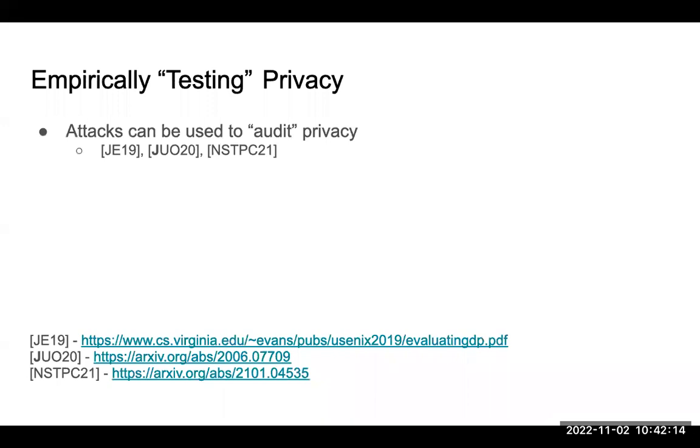And this is a thing you can do, but if you're in the room and you're maybe a cryptographer, this should scare you, right? Because essentially what we're saying is, I'm going to give you some results of an attack, and I'm saying I can't break my thing, that means it's private, right? And in cryptography, we all know that if someone comes up to you and says, "Look, I tried really hard, I came up with this cool new crypto system, I tried really hard to break it and I couldn't do it," that obviously means it's secure, right?